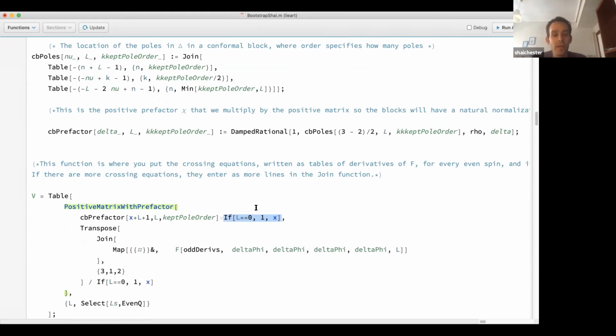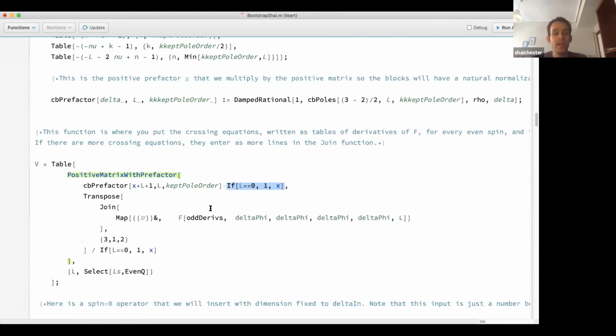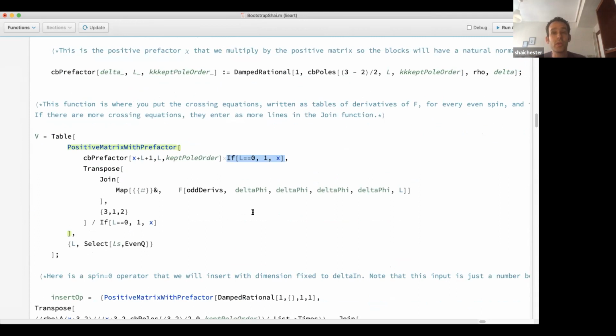But one annoying feature of the specific poles we choose is that for the case where spin is bigger than 0 and for the single correlator bootstrap, you get a polynomial in x which doesn't have a constant term. The polynomial starts with x, because you basically put in a pole which made it so that when x is 0, the polynomial is 0. This can lead to numerical instability problems.